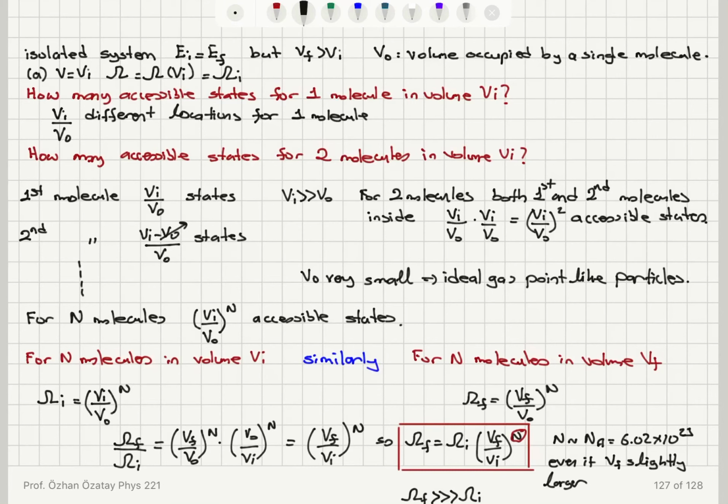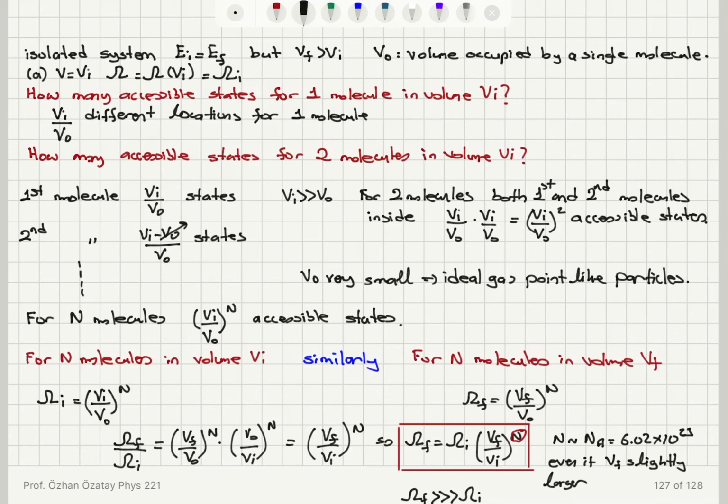And we calculated the number of accessible states for this scenario. For one molecule, we have volume V initial over V0 different locations, different compartments for the first molecule to sit. For the second molecule, so we want to have both first and second molecule inside. V initial over V0 states for the first molecule.